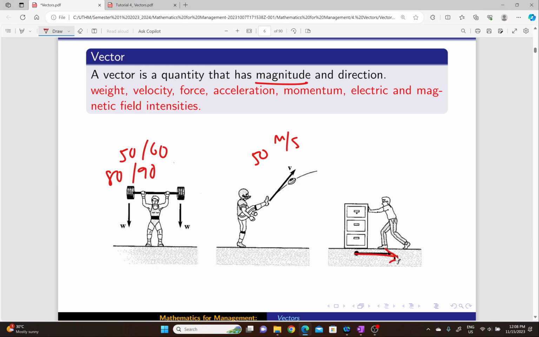We call that frictional force. Anyway, this is all ideology. You don't need to go through it technically. As long as you understand what a vector is, it has magnitude and direction. Don't worry about force or work. We are not going to go into the physics and mechanical part.